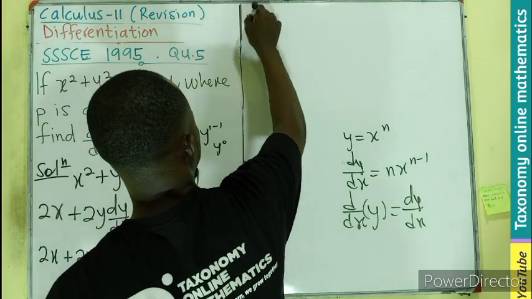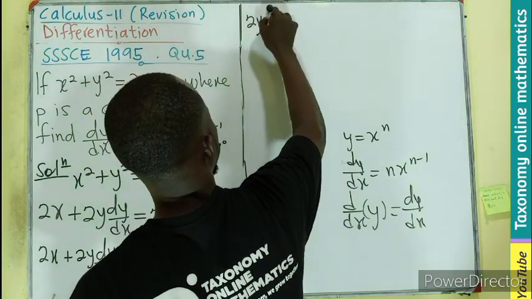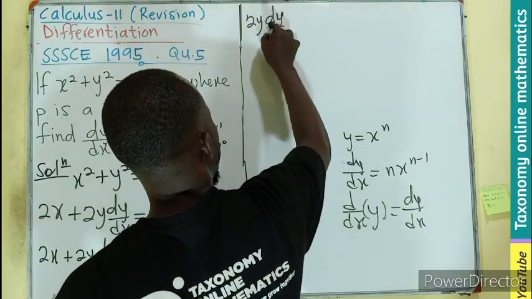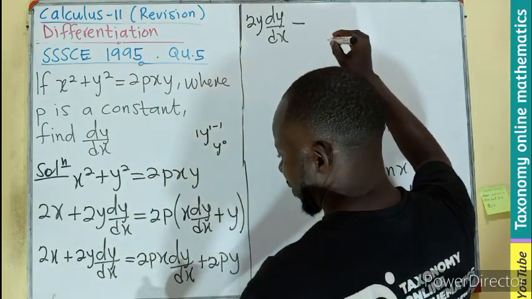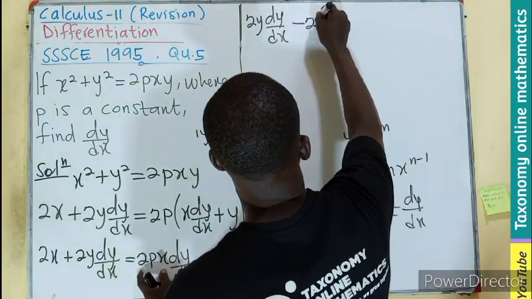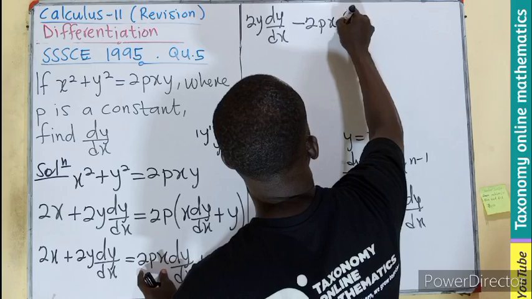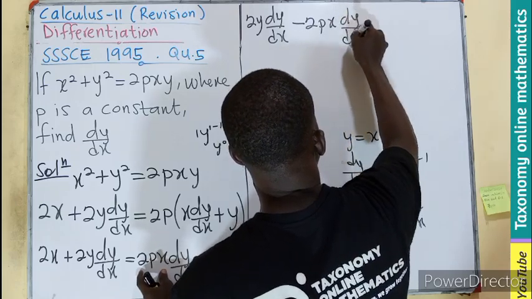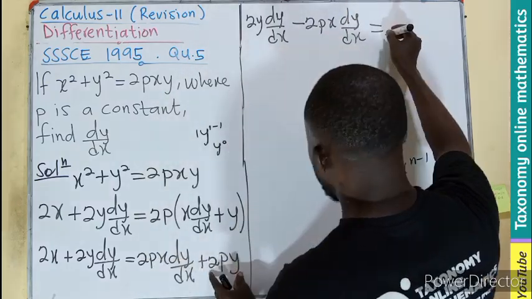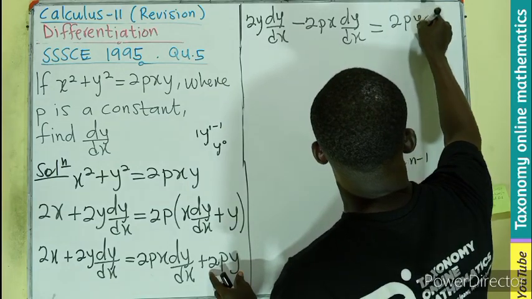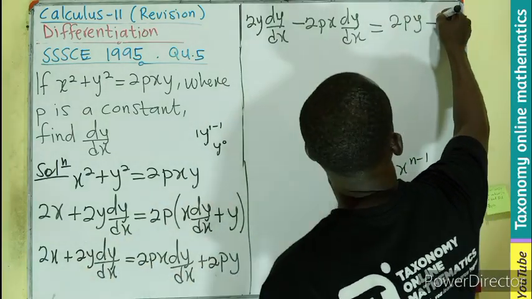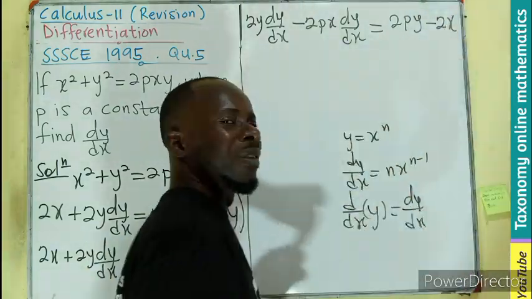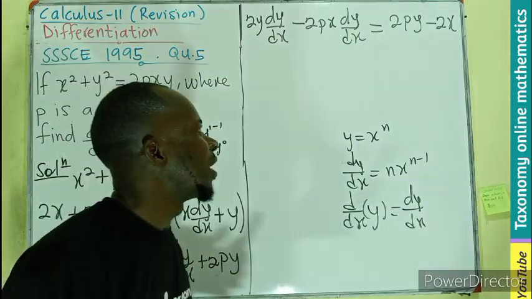So I'll be left with 2y dy/dx minus 2px dy/dx equals, we are left with 2py minus 2x. I guess you're on course, right?